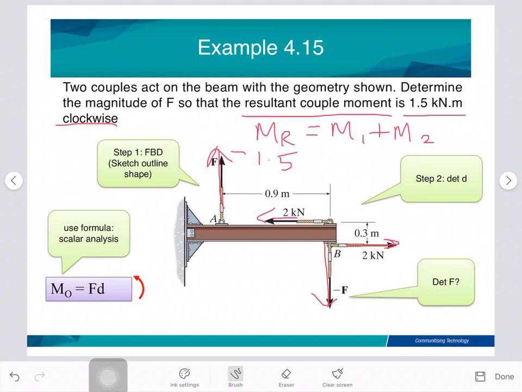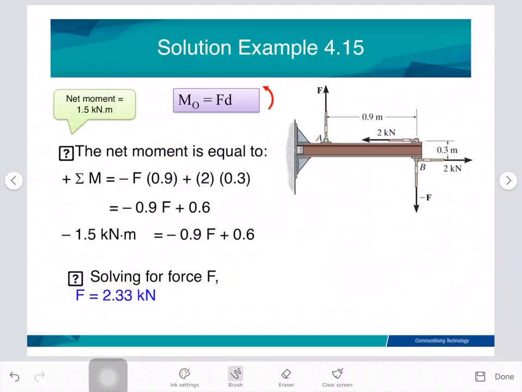So in order to get the magnitude of this F, what should we do? The first thing, we need the summation of the resultant moment. Based on this figure, we have this positive F and this negative F. So which one are we going to take?